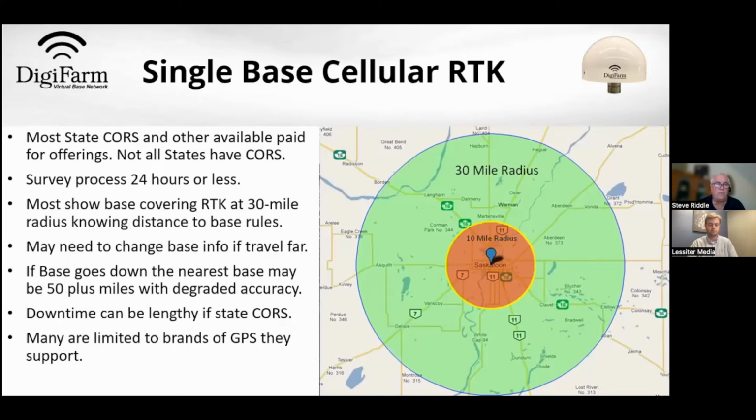And a lot of them are limited to the brands of GPS that they support also. But that single base cellular RTK, there's plenty of it out there, but there again, if you're just looking for pass to pass accuracy and knowing where those physical bases are, maybe that's okay. And like I said, it does get away from the hindering of line of sight.